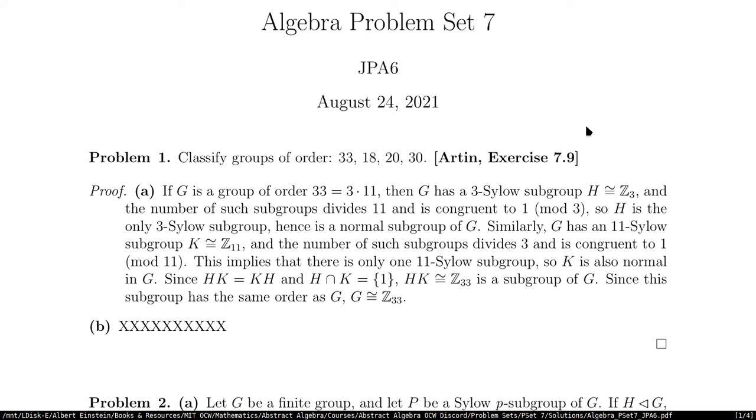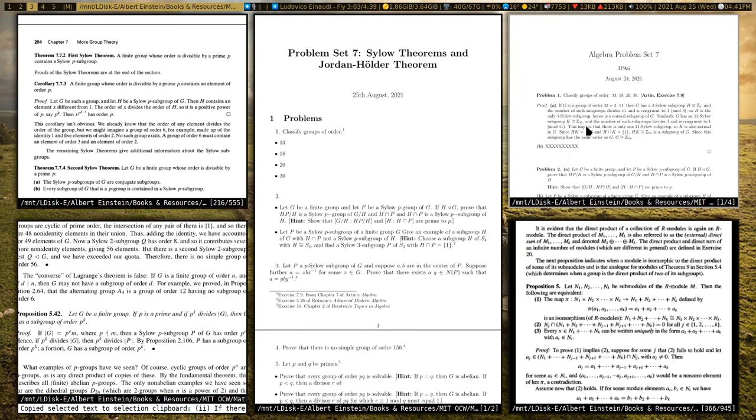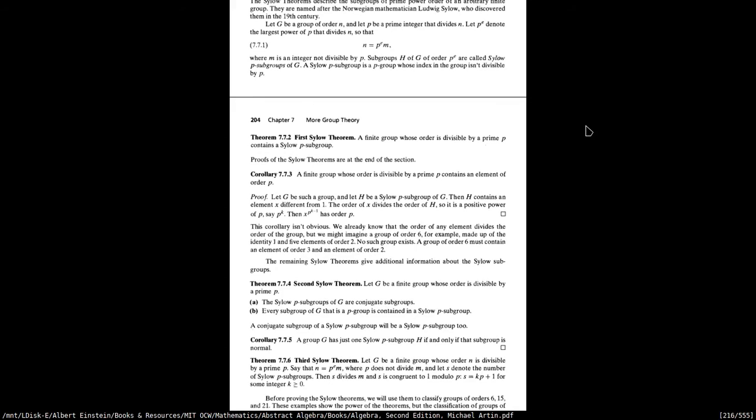The second one is 18. That is p q squared. And so is 20. I guess that one's p squared q. So I guess the difference between the 18 and the 20 might be whether it's the larger prime that's squared or the smaller one that's squared.